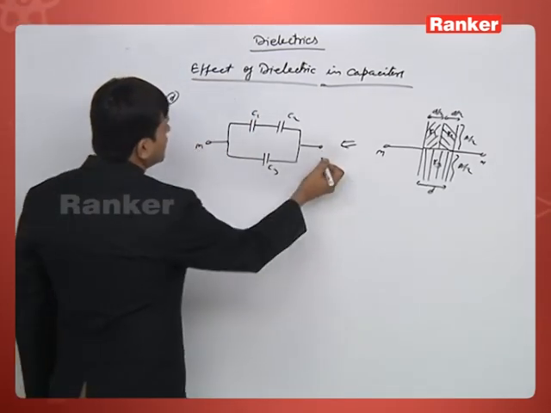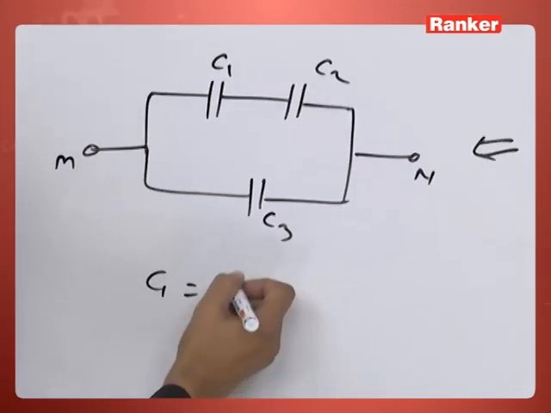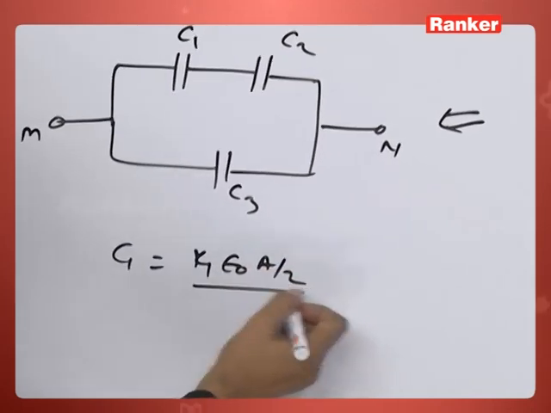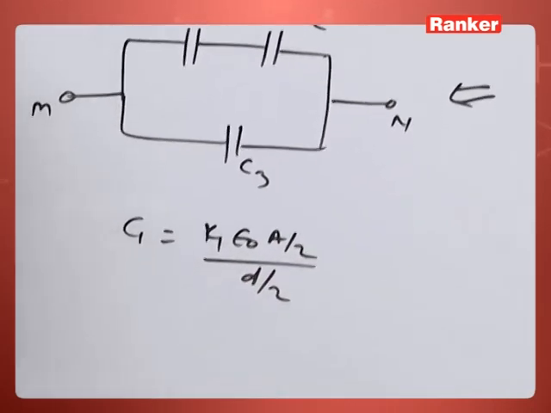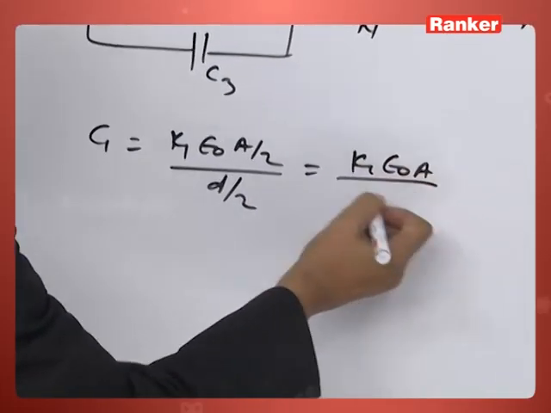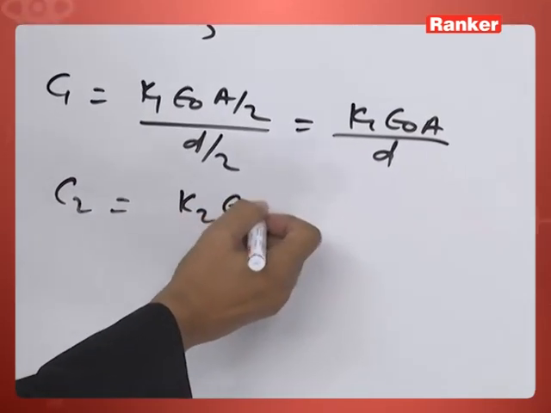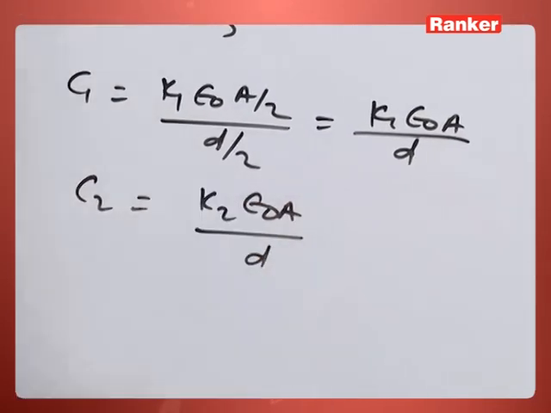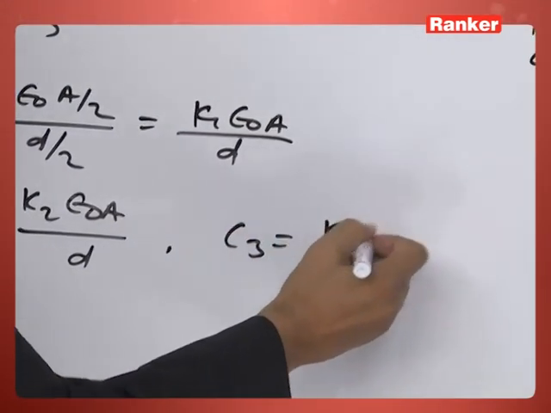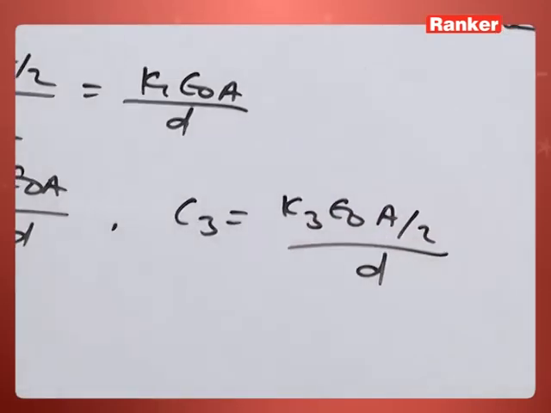So C1 is K1 epsilon naught, area A by 2, gap D by 2, so this will be K1 epsilon naught A by D. Similarly, C2 will also be K2 epsilon naught A by D, but C3 is K3 epsilon naught, area A by 2, but gap is D.